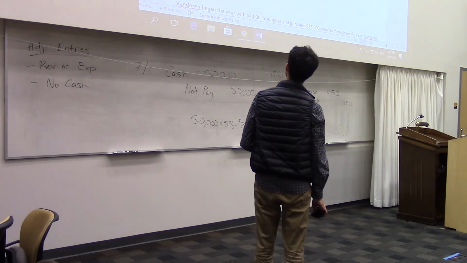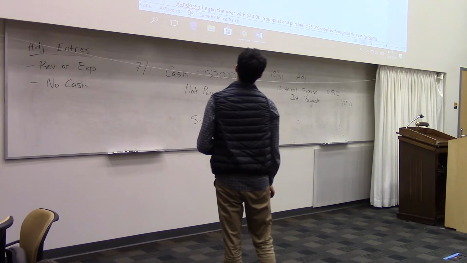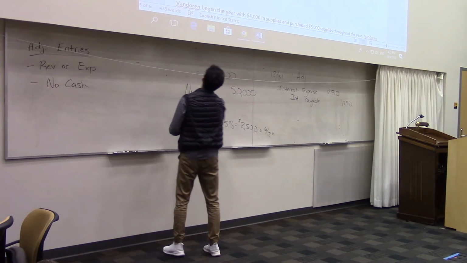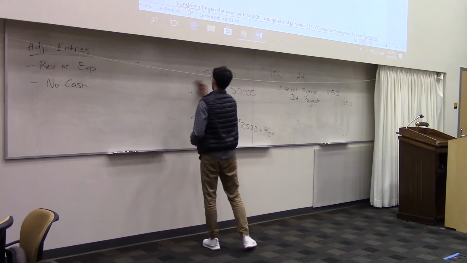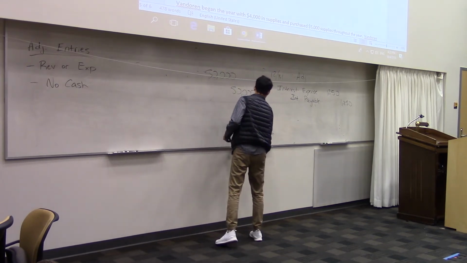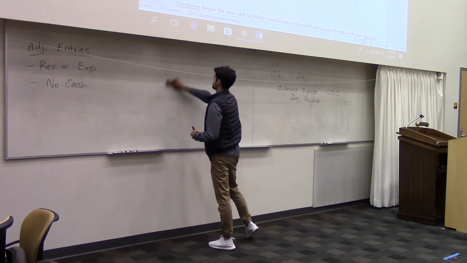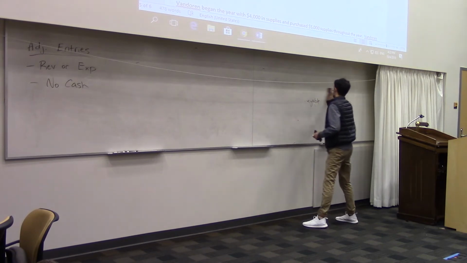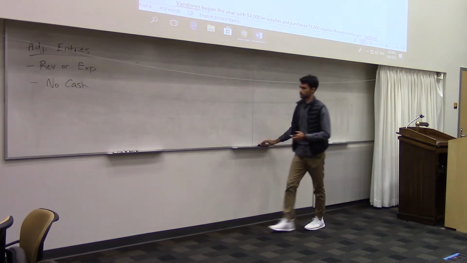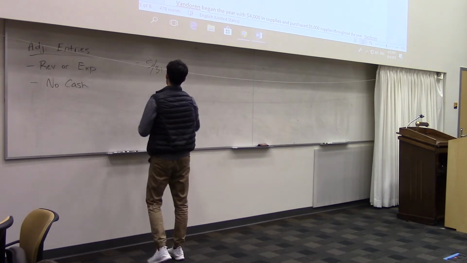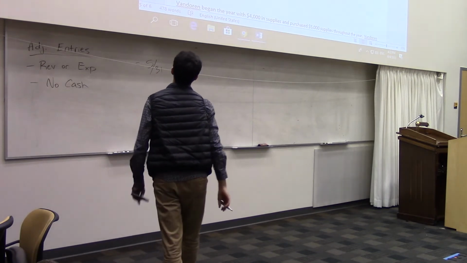Number 2, we received cash for services, but we haven't performed the services, it looks like. What's my original entry in May?